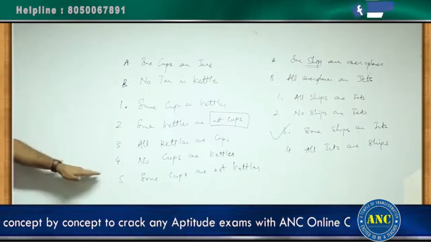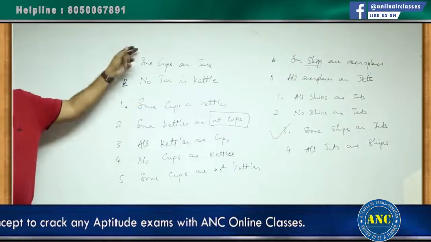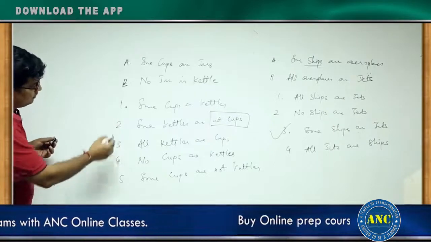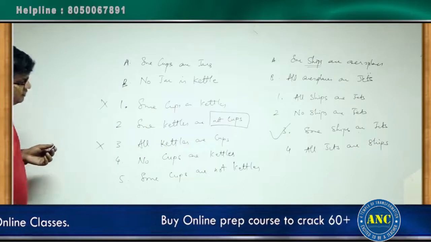Take this example once again. Here, now you have particular negative. Negative, so immediately you know this cannot be my answer.